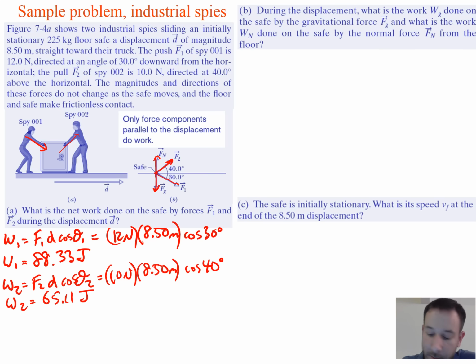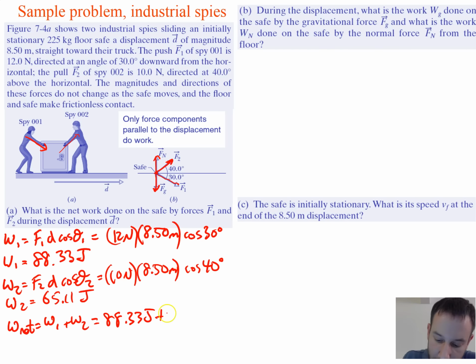Now I want to add these together because it's going to be the total work done. They're in the same direction, so we can add them without having to worry about the negative signs. So our net work is just going to be work 1 plus work 2, which is equal to 88.33 joules plus 65.11 joules.